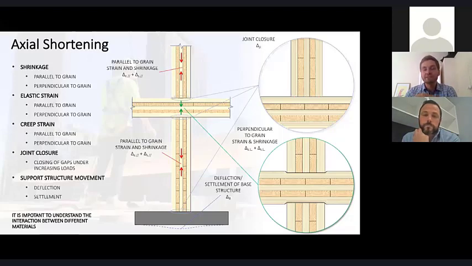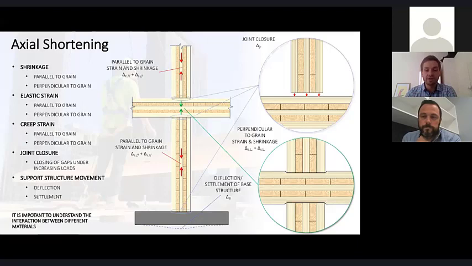That's even more paramount for light timber framing, because you're going to have far more elements in cassettes or timber frames, like your top and bottom plates, that are perpendicular to the grain. So you get a lot more shrinkage and strain, and joint closure in those elements.